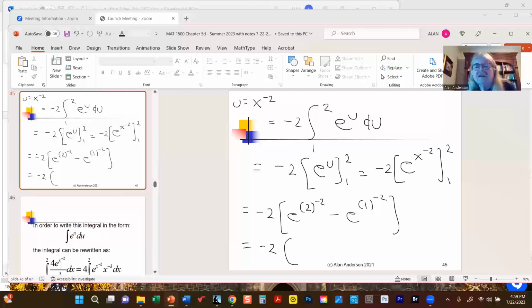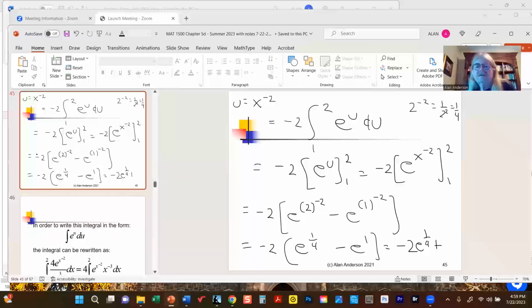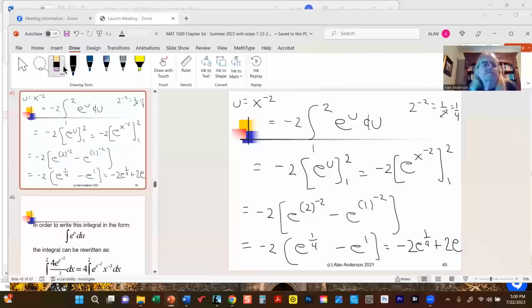So this is actually e to the 1/4. 2 to the minus 2 is 1 over 2 squared, which is 1/4. And then, of course, 1 raised to any power is just 1. So you ultimately end up with minus 2e to the 1/4 plus 2e. And that's it. We're done.